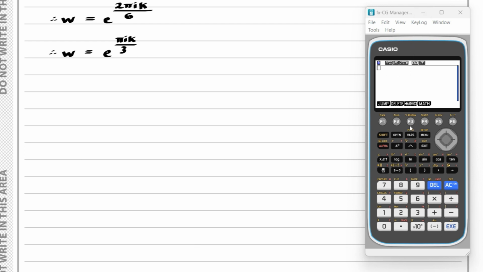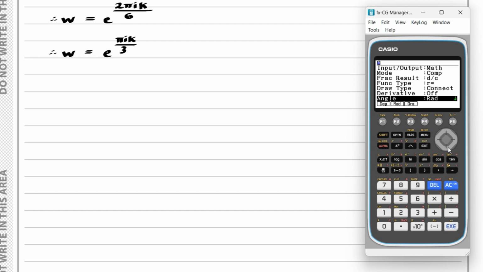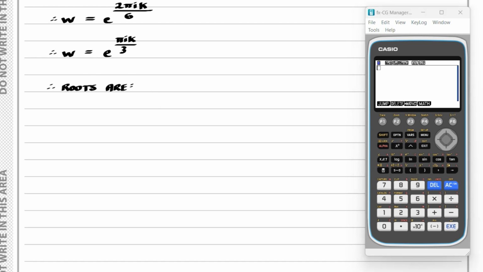Now, on our calculator, if we go to the setup menu and then scroll down to where we have the complex mode, we'll change the complex mode to r theta. So now, if I find out what my roots are, well, I've got my modulus of 1, and then my angle is given by pi over 3 multiplied by 0.